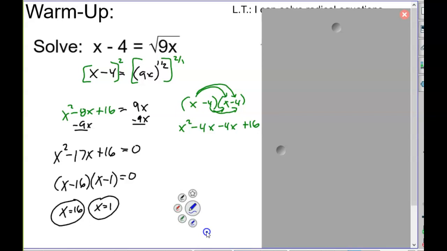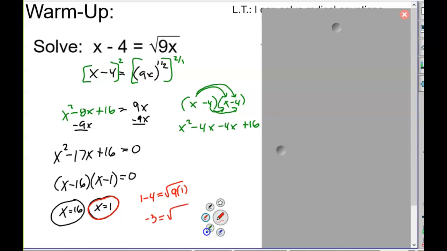We didn't get to this the other day, but let's look at this one right here. If I plug 1 in here, I'll have 1 minus 4 equals the square root of 9 times 1. Now, without even doing the square root of 9 times 1, let's look at this here. 1 minus 4 is negative 3.